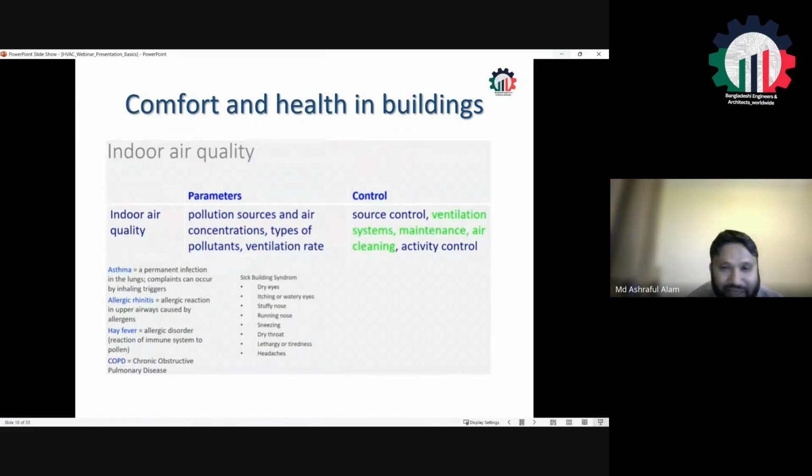And nowadays, some of it is affecting our daily life now and then, frequently. Most of the time we don't understand why this is happening. Maybe some of us say, okay, because of the mosquito, because of the dust, but many of these are actually happening because of the building conditions where we are living.